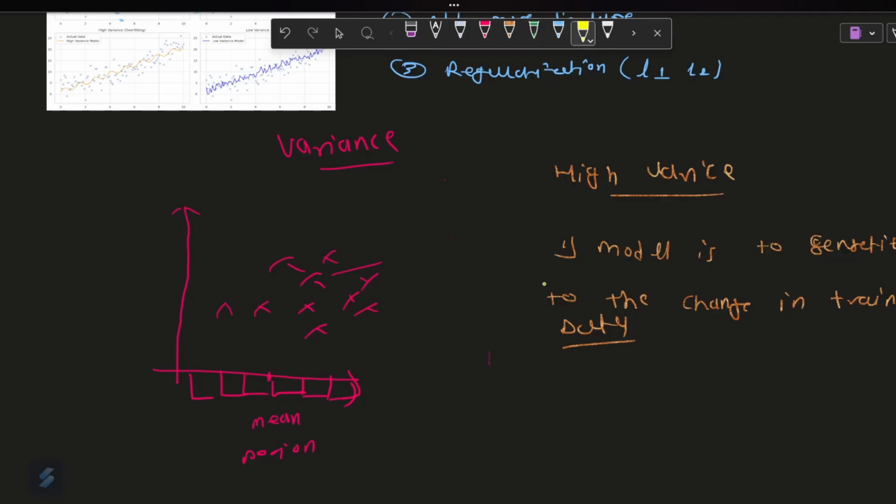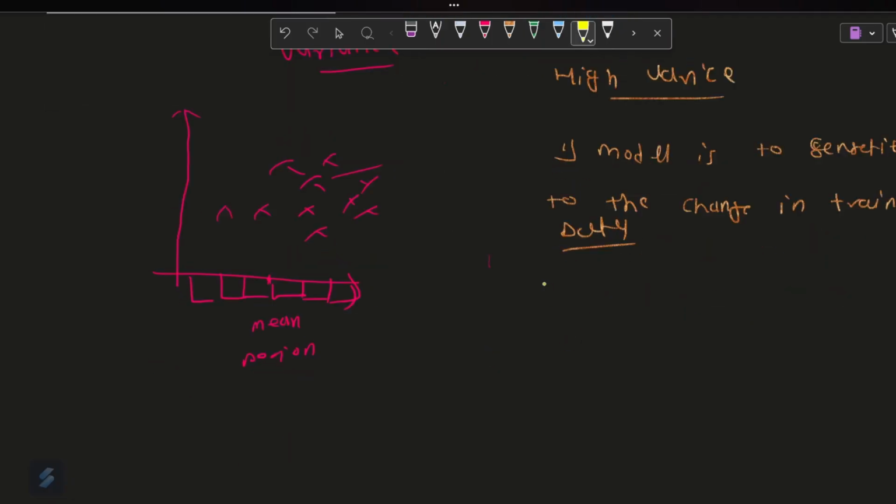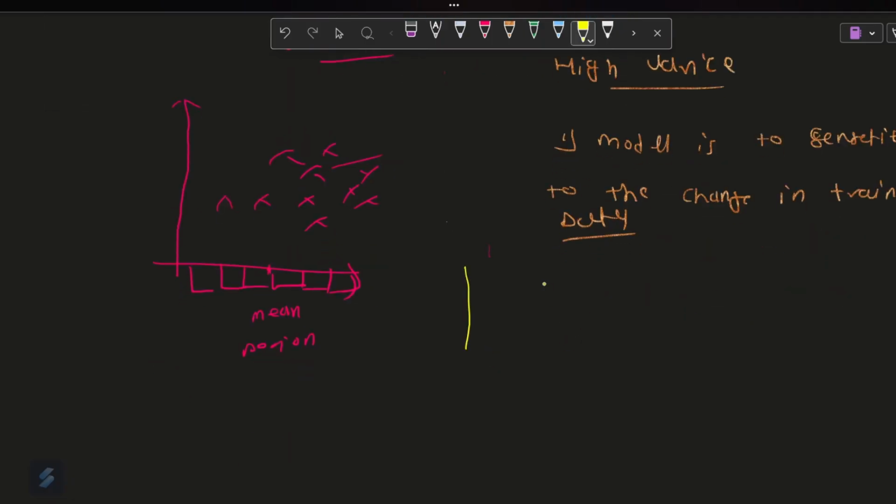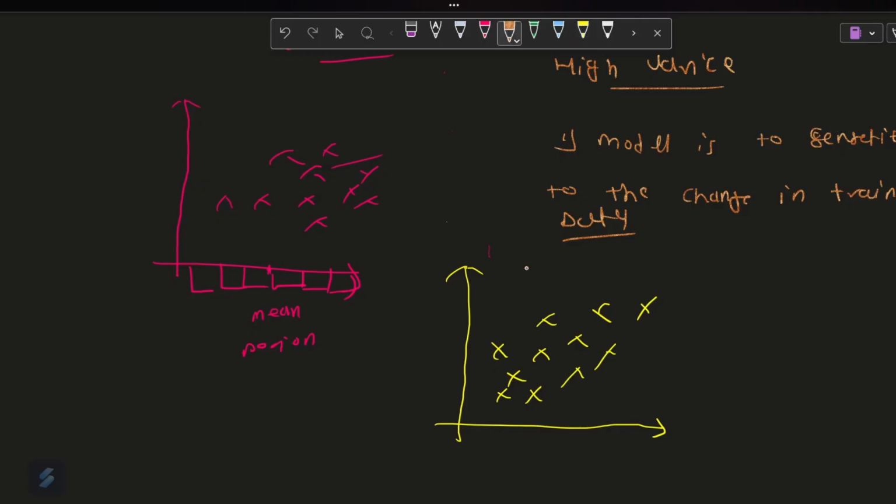We understand the same with a graph. Say we have a graph with some data points. In that particular case, what happens? The model tries to capture all the data points, something like that, right?